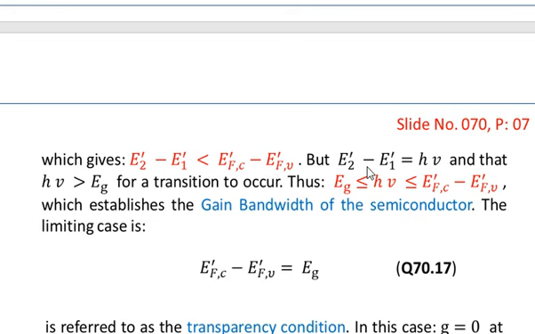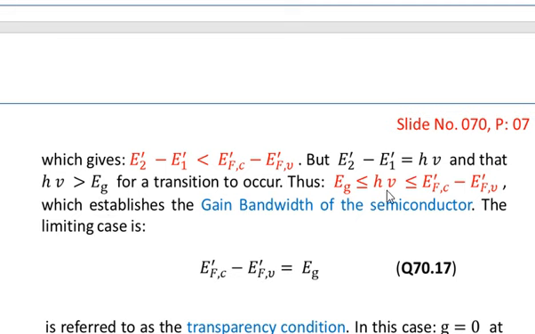But you know that E2 prime minus E1 prime is equal to h nu, because we want to do the absorption phenomena. So the light that will be incident has a frequency nu, and E2 prime minus E1 prime should have an energy difference equal to h nu, the energy of the incident beam, and that h nu is greater than Eg for a transition to occur.